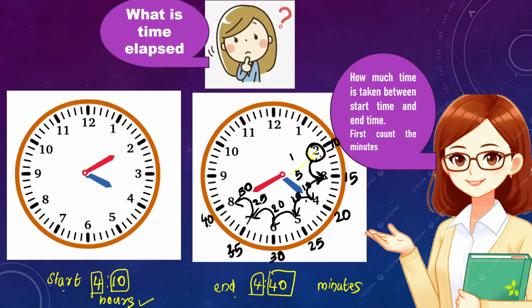If you subtract 40 take away 10, you also get 30 minutes. Or you can count the number of minutes from 10 to 40, or you can subtract 40 minus 10.